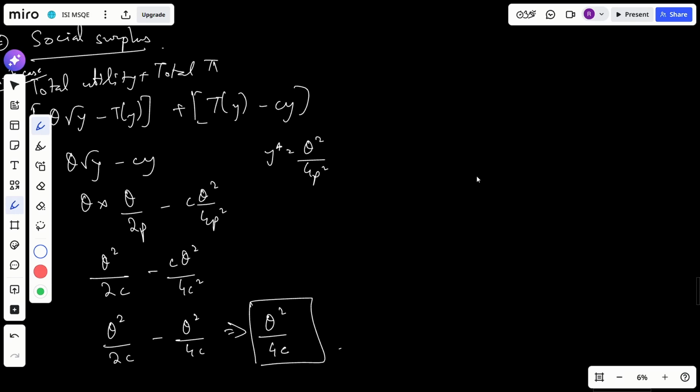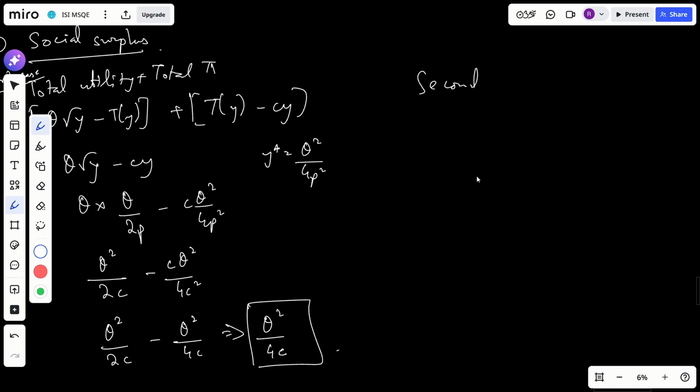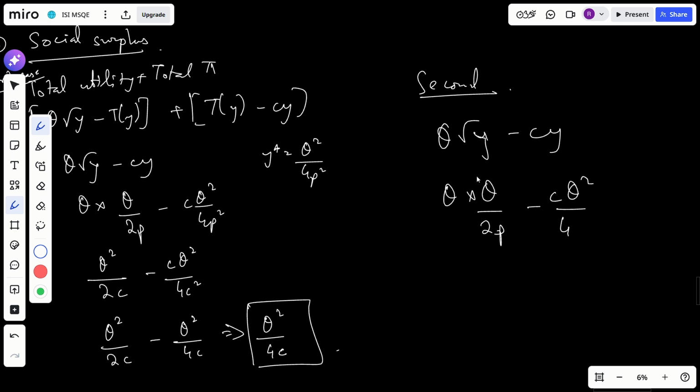Now in the second one, again theta root y minus cy, so theta times theta by 2p minus c theta square by 4p square. Since in the second case our p was equal to 2c, we just need to plug that here. So this will be 4 times p square, which is 4c square, so 16c square.